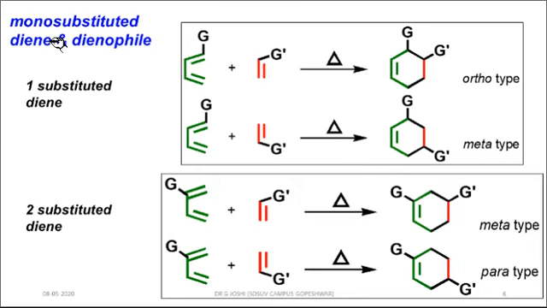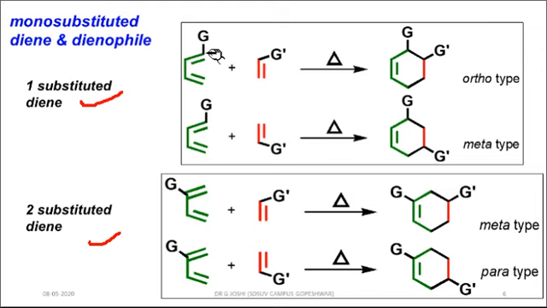Monosubstituted dienes can be either one substituted, this is one substituted diene, or it may be two substituted, this is carbon 2 where the substitution is taking place. So depending on the difference in substitution of diene and depending on the change in orientation of dienophile, we can have different kinds of product formation possible as an outcome of this cycloaddition reaction.